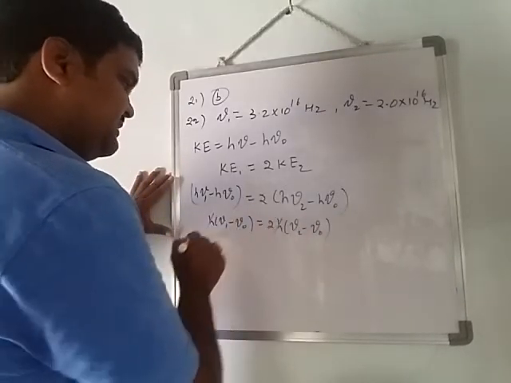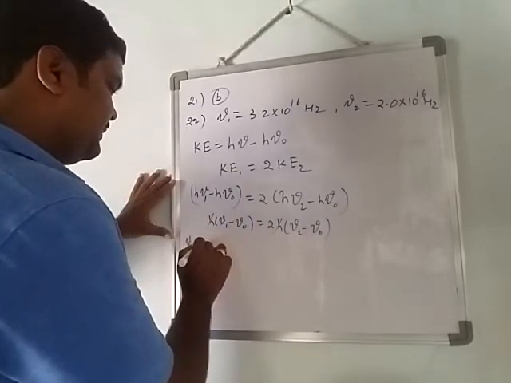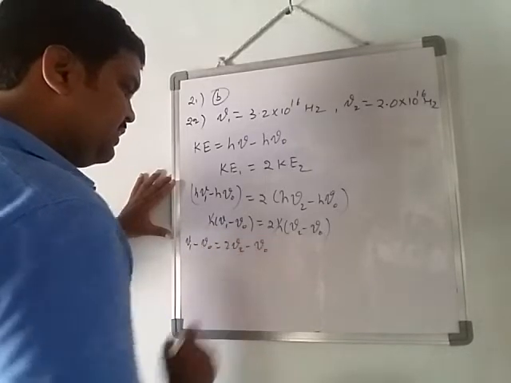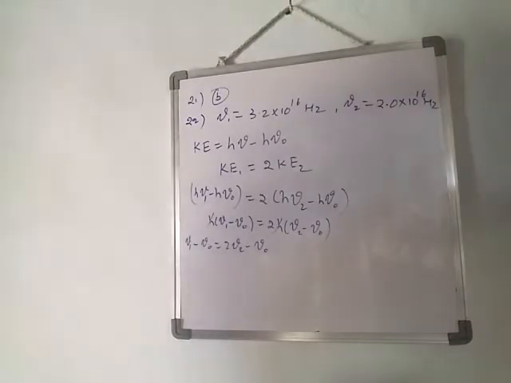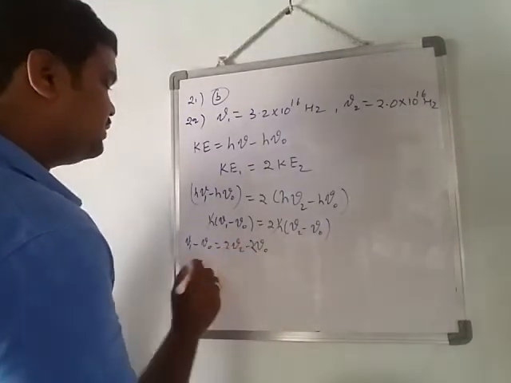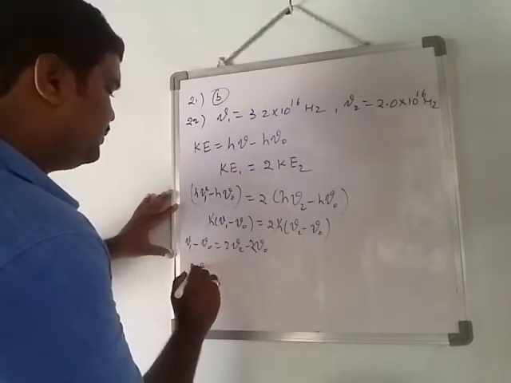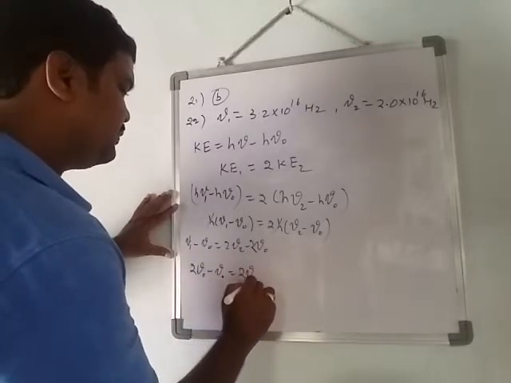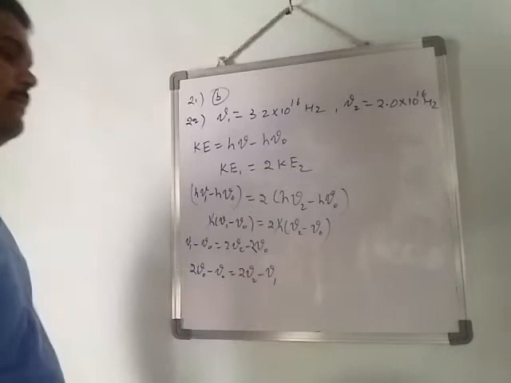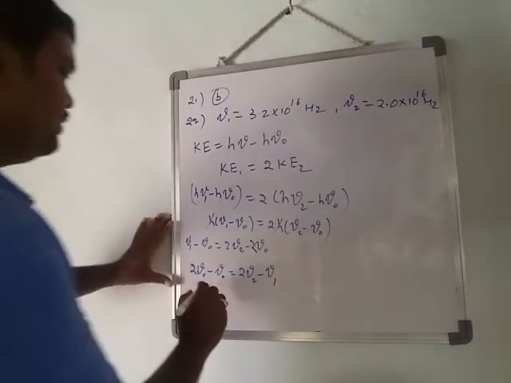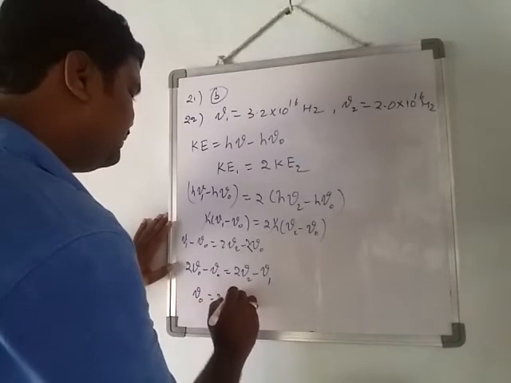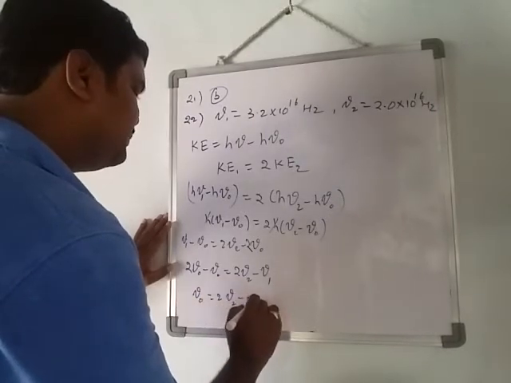So h is cancelled. So nu 1 minus nu naught is equal to 2 into nu 2 minus nu naught. Yes or no? So now 2 nu naught minus nu naught is equal to 2 nu 2 minus nu 1. Yes or no? So now nu naught is equal to 2 nu 2 minus nu 1.